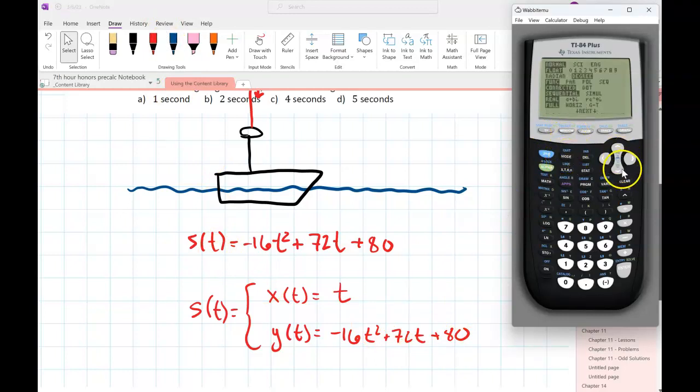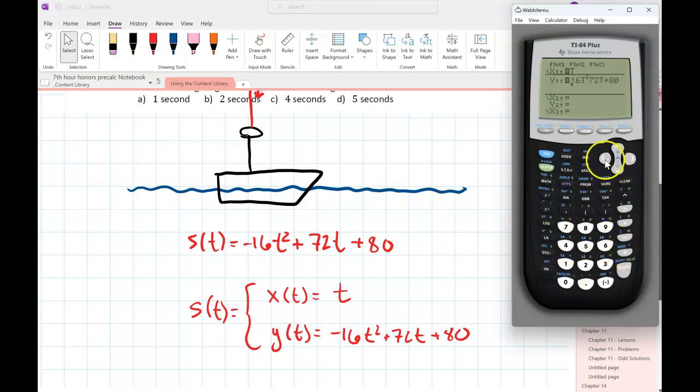So let's change that to parametric mode then. Get all that junk out of there. And we'll just graph this real quick and make sure that it's giving us about the same picture.